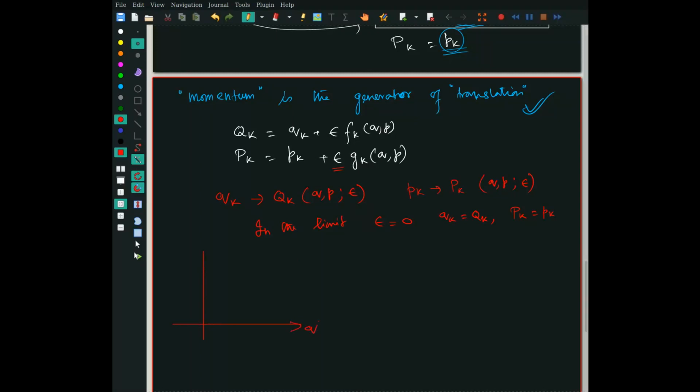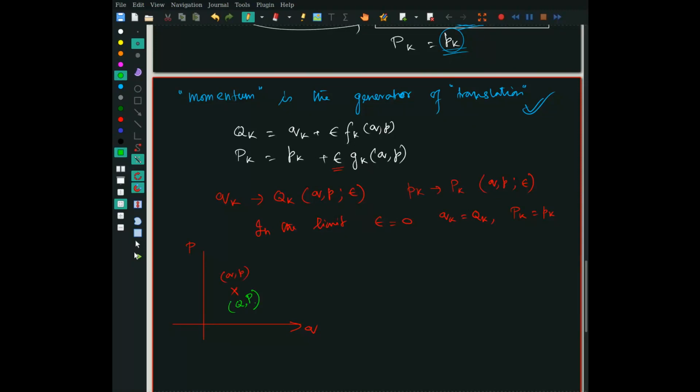Suppose you have here q and p, and this was my phase space point. This coordinate transformation, you can interpret as looking at the same point but giving it a different name, just like you do from Cartesian to spherical polar and cylindrical polar coordinates.